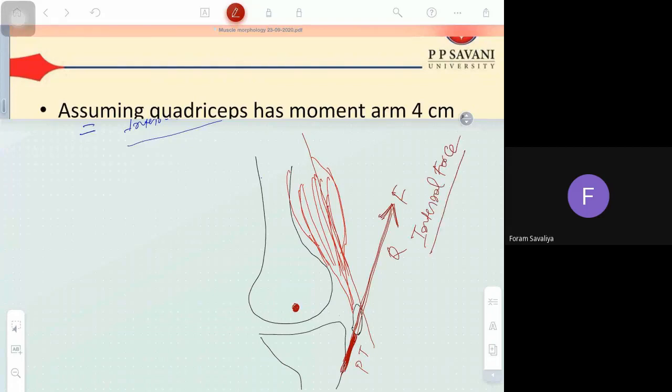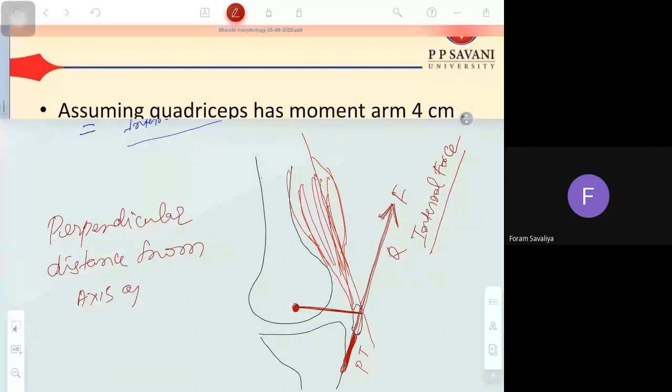And the moment arm is the perpendicular distance from the axis of rotation. So this distance, for the quadriceps muscle, is around 4 centimeter.